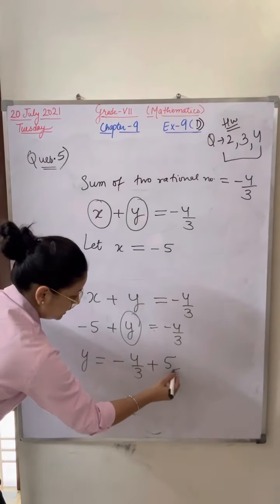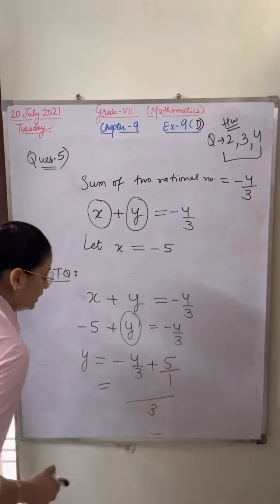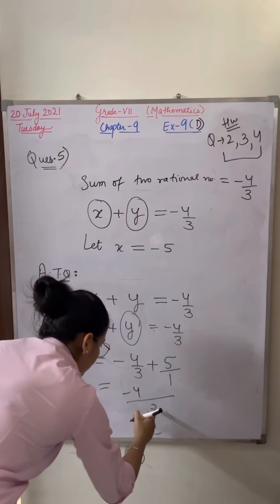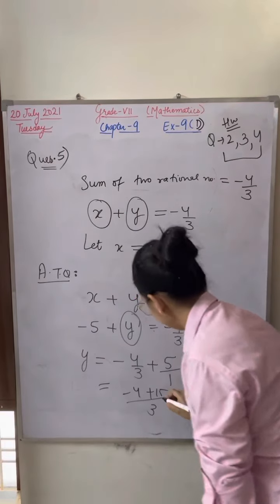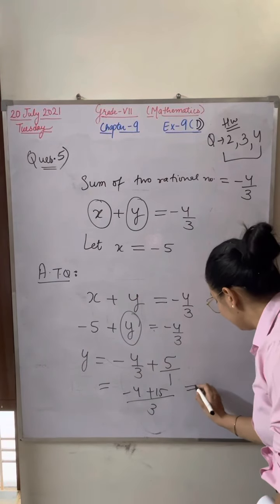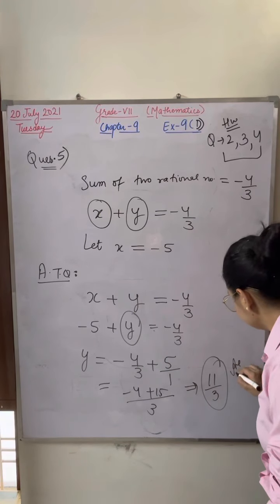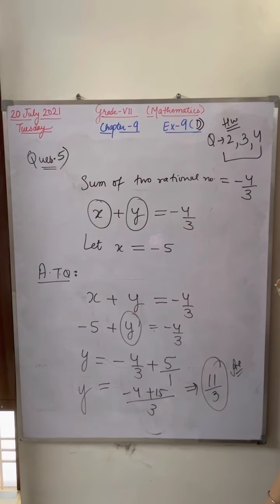Okay, +5 means +5/1. Take out the LCM. LCM will be 3. Now 3 minus 4 will be here. 1 times 3 is 3. 3 times 5 is 15. Okay, and 15 minus 4 will be equal to 11/3. That will be the answer. This will be your y. So your second number is 11/3.